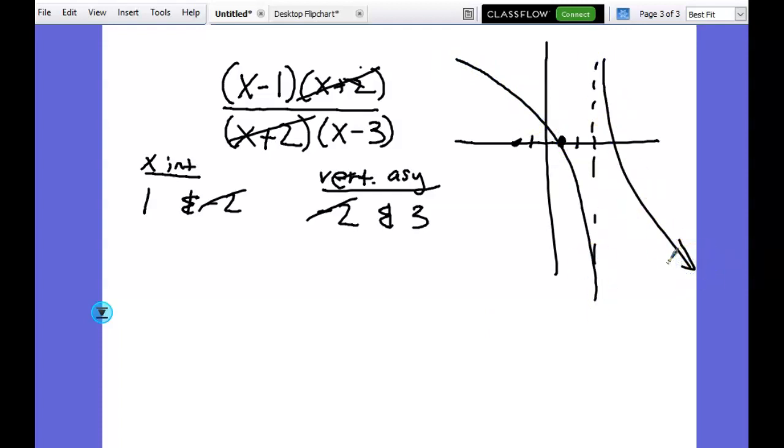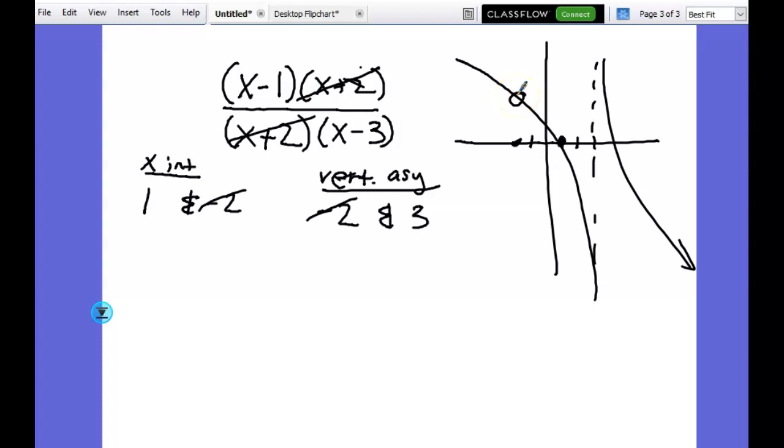But at x equals -2, it's not a root, it's not an asymptote, but you know what it is? It's a hole. The function cannot exist there because you can't plug in -2. So when you have the same factor on the top and on the bottom, it's not a root, it's not an asymptote, it's a hole. Okay? So at x equals -2, we would have a hole.